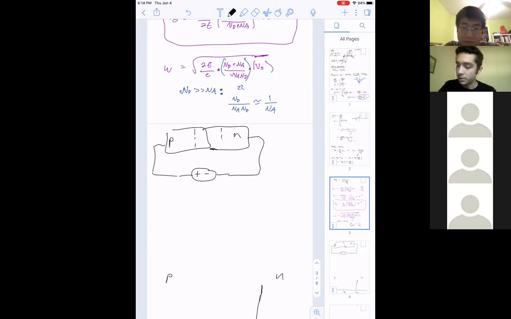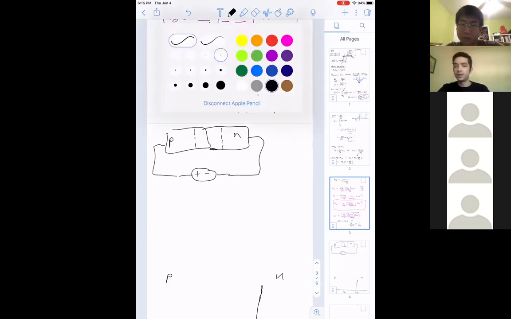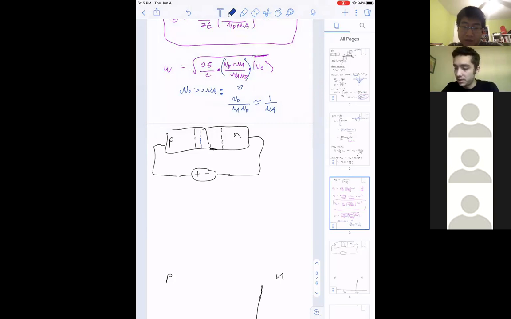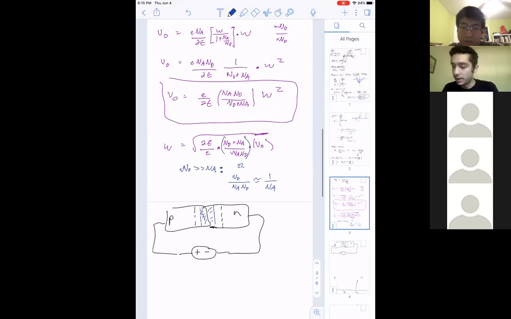So maybe before, your depletion region looked like this. Now this will allow more carriers to start crossing the junction, and the depletion region is going to decrease. Some of these charge carriers are going to come and cover the donors and the ionized impurities.